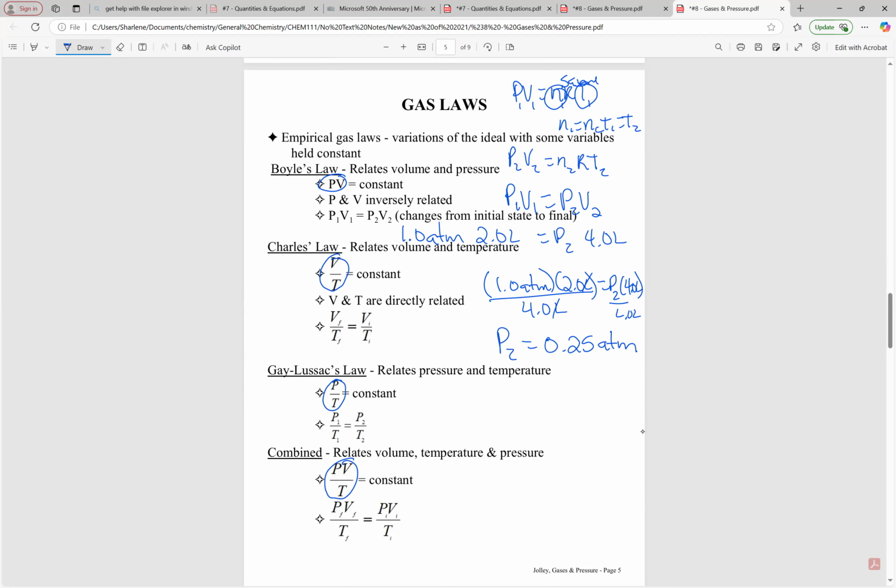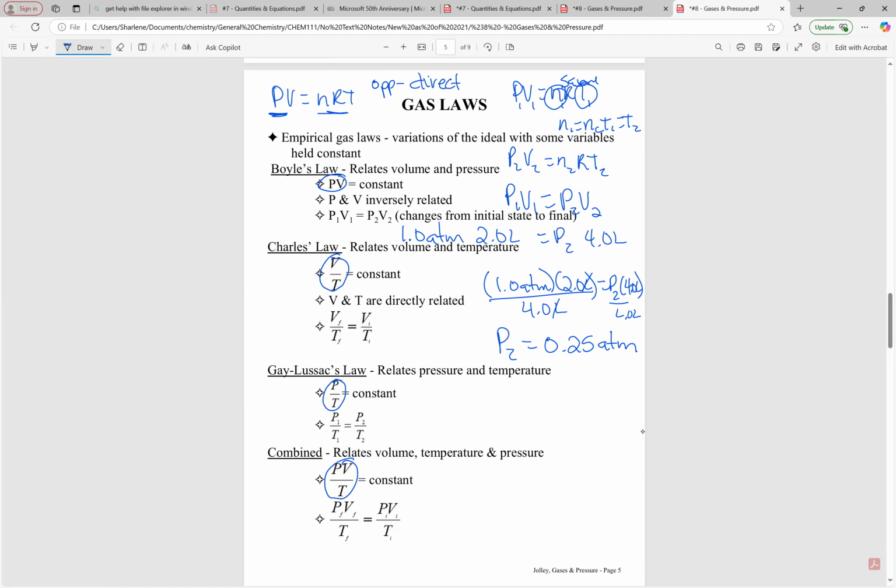Now, just as a little reminder for math, PV equals nRT. If they are on opposite sides, those are called directly related.